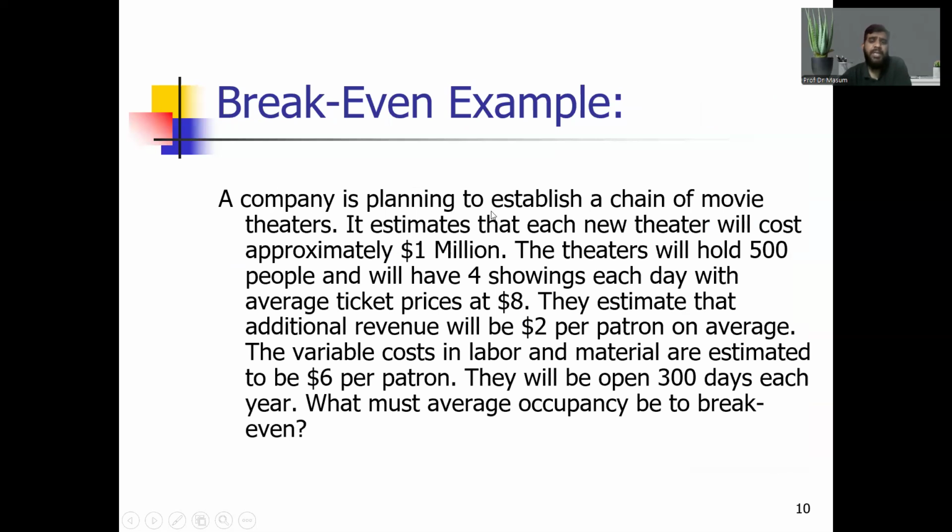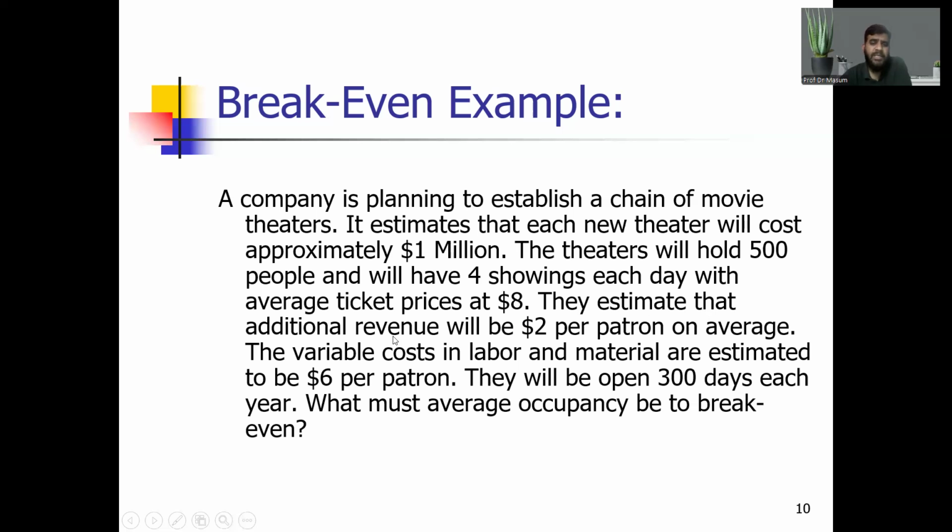To explain the idea, a company is planning to establish a chain of movie theaters. It estimates that its new theater will cost approximately 1 million. The theaters will hold 500 people and will have 4 showings each day, with an average ticket price of $8.